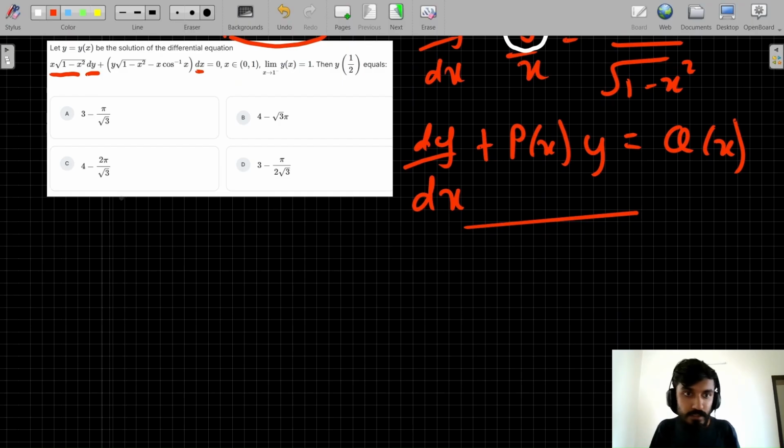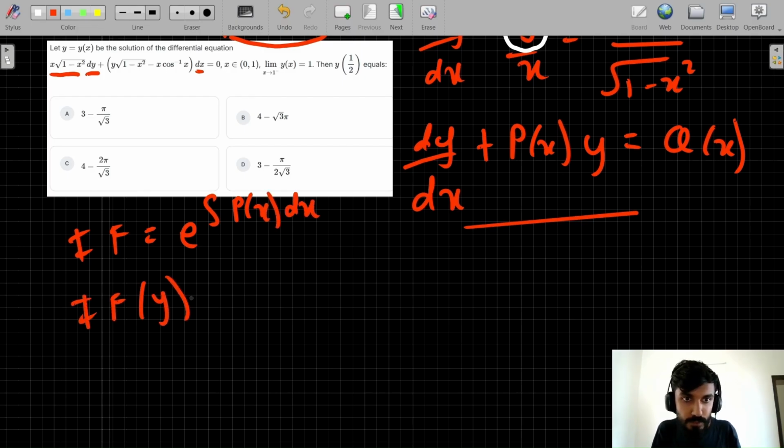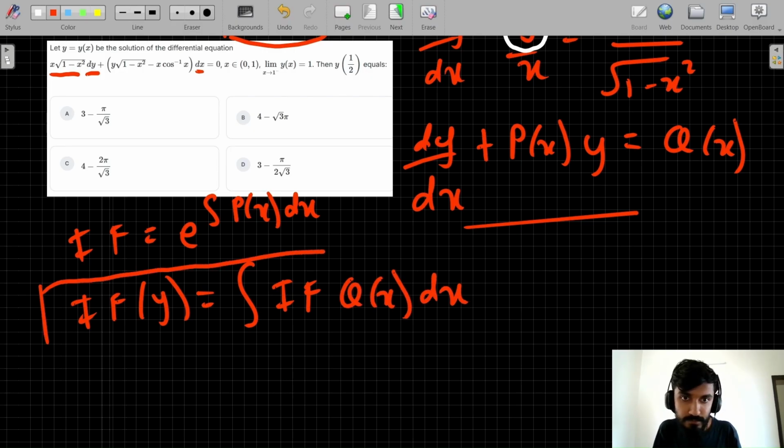The solution is, first we have an integrating factor, which is e power integral P of x dx. The solution is integrating factor into y is equal to integral of integrating factor into Q of x dx. This is the ultimate solution.